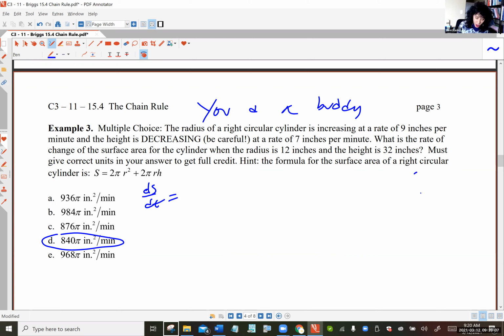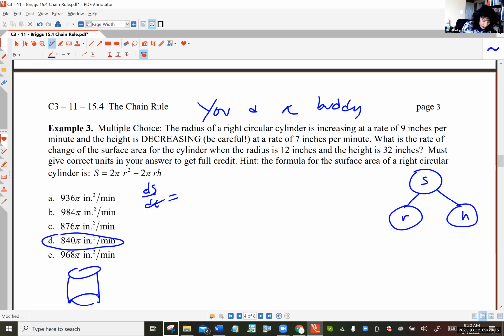Now, if it helps, draw a little diagram here. The surface area is a function of the radius and the height of a right circular cylinder. Here's a picture of the cylinder where you've got your height and your radius. And then the radius and the height are themselves functions of a single variable, time t. So you're going to first go down this branch and get dS/dr, the partial.